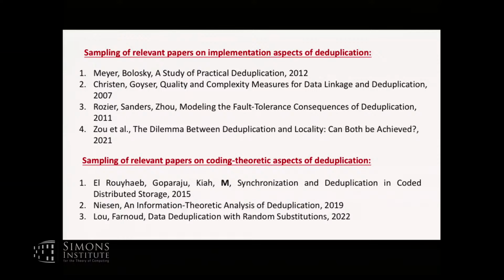On the coding theoretic aspects of deduplication, there was really just a handful of papers in this area. With Salim, a long time ago, we started looking at deduplication in the context of distributed storage.